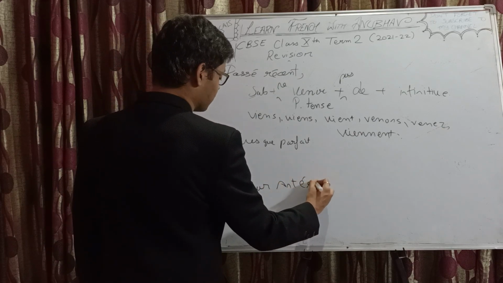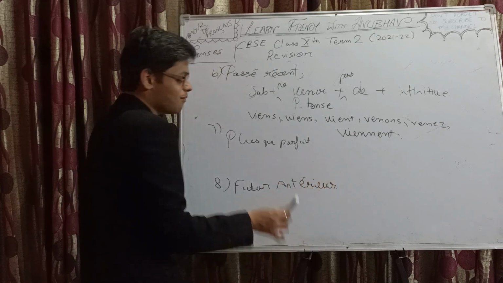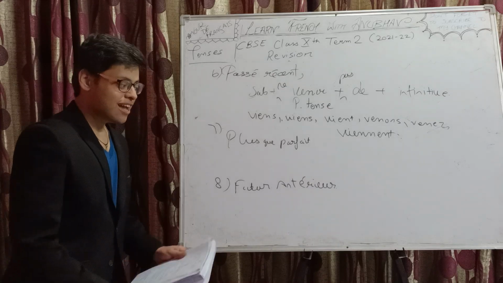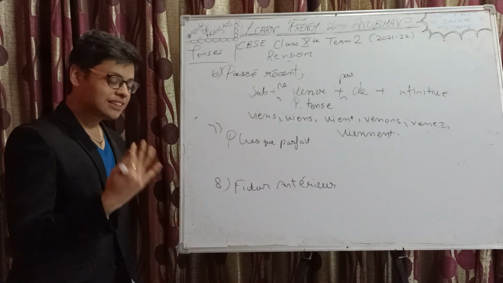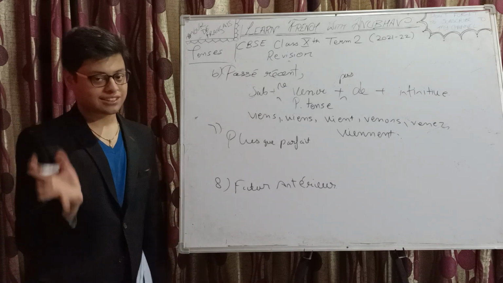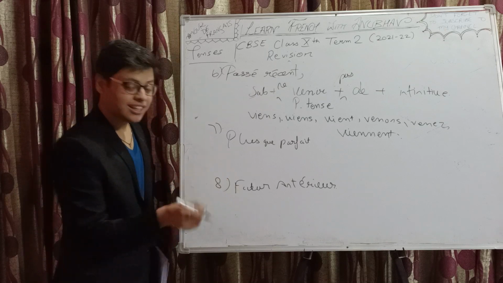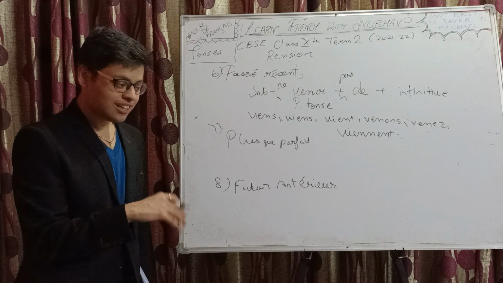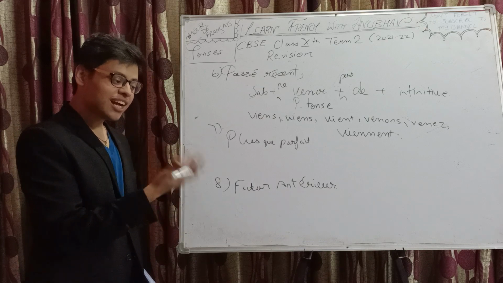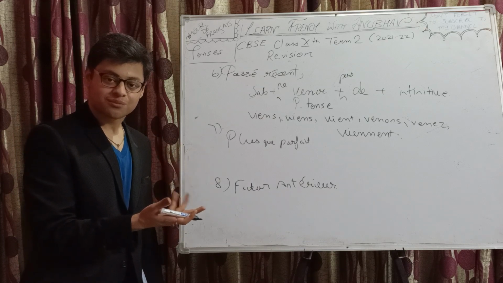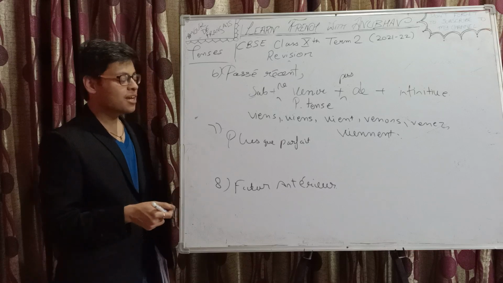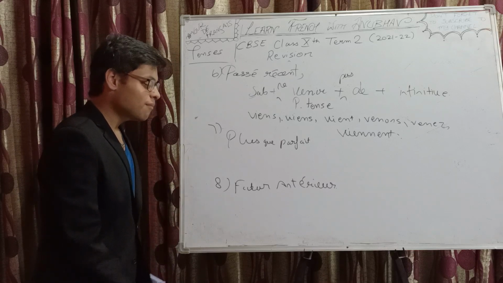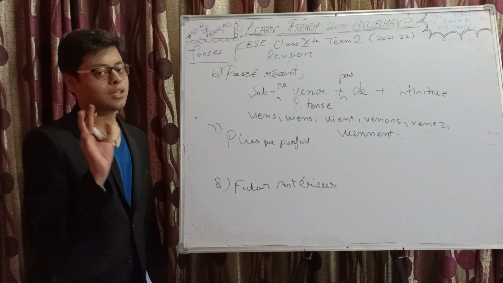Very similar to one another. Okay. Plus-que-parfait is what? Used for an action preceding another action in the past. And futur antérieur is what? An action preceding another action, like the action which was completed before beginning another action in the future. That's your futur antérieur.